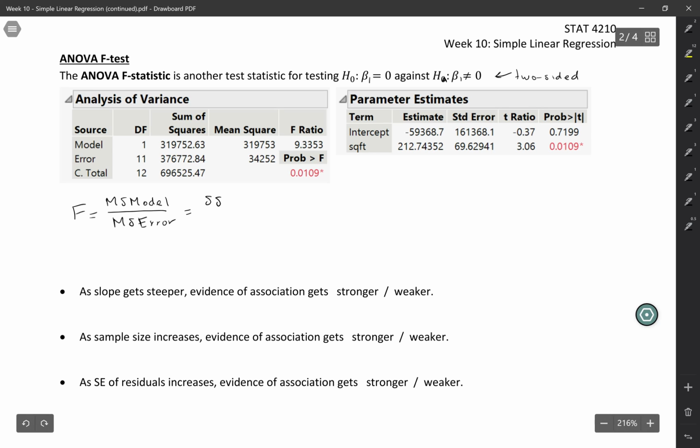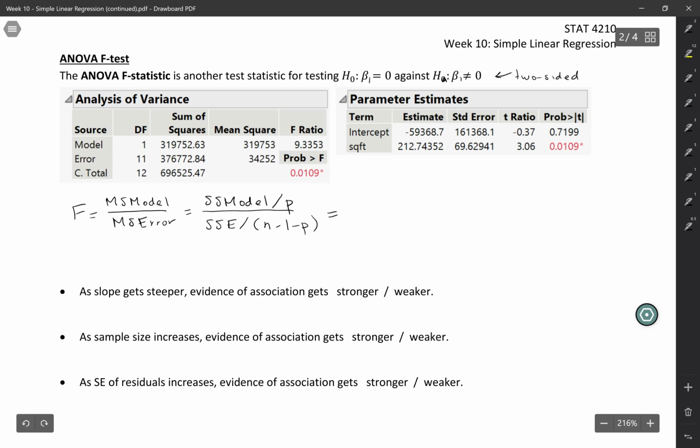So this would be the sum of squares for model divided by p, which is the number of predictors. And we're doing simple linear regression right now, so that's just going to be 1. The mean square for error would be the sum of squares for error divided by the degrees of freedom, which would be n minus 1 minus p. So we're taking sample size into account this way.